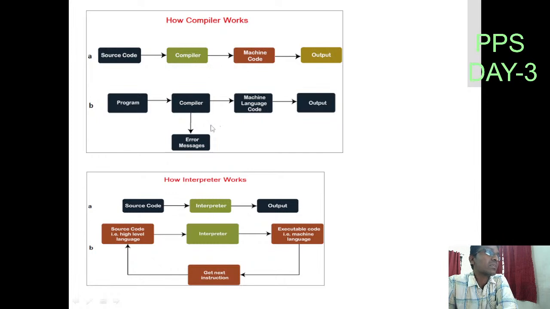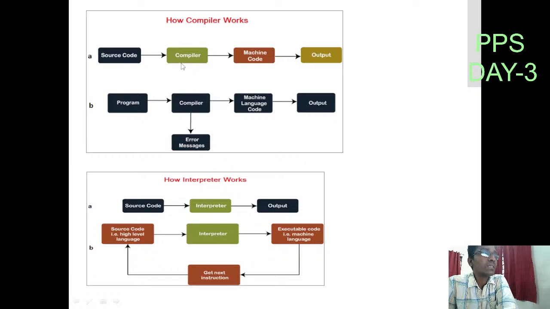So the compiler is going to compile the entire source code into object code, and by using that object code, it will produce the output of the program. Here I mentioned error messages.